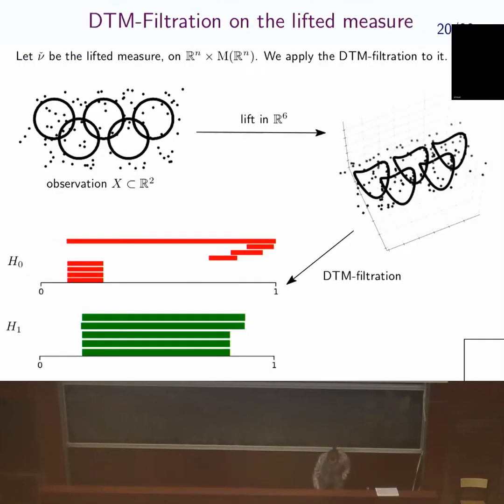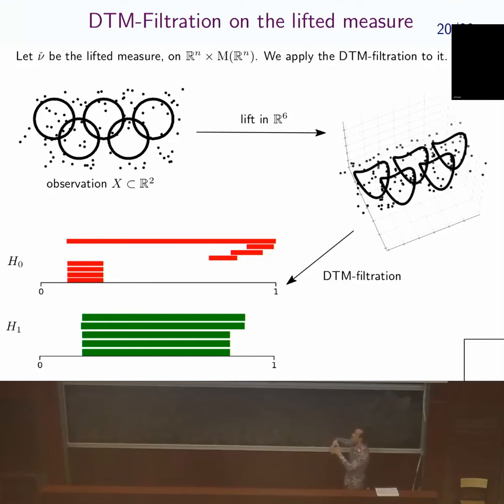We can also go a bit further. If you want to do persistent homology, once I am in the lift space, I can consider a DTM filtration on this lifted measure. This is an example where X is a sample of the Olympic rings with some anomalous points.